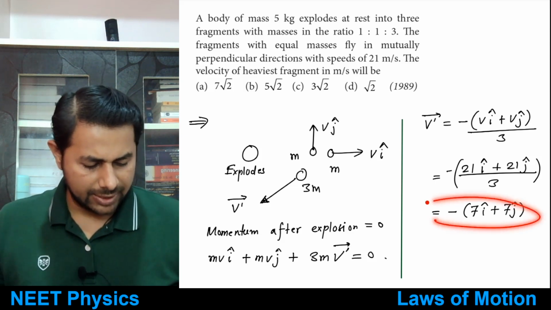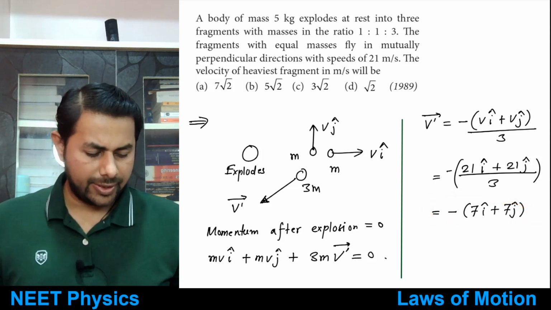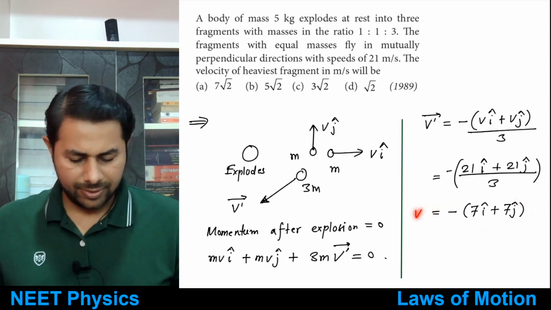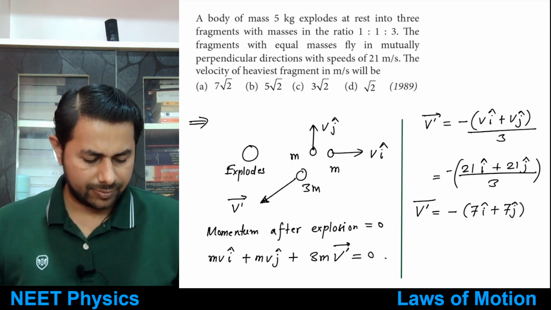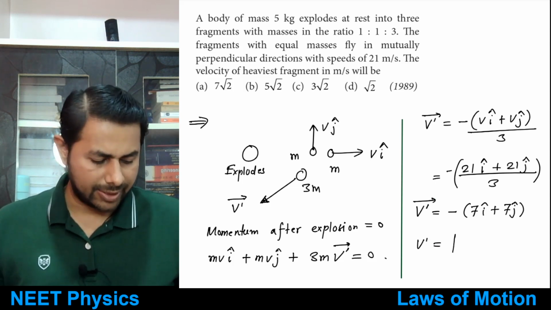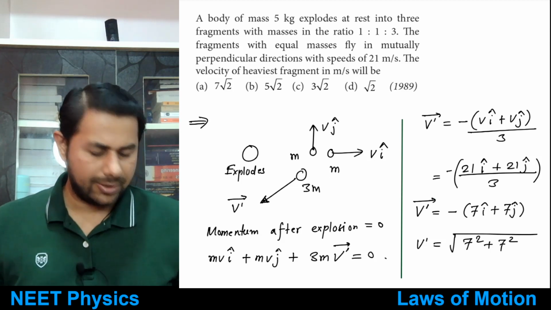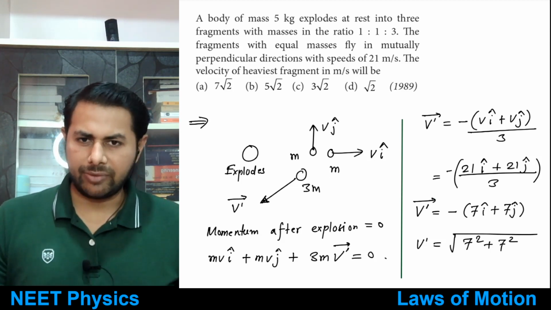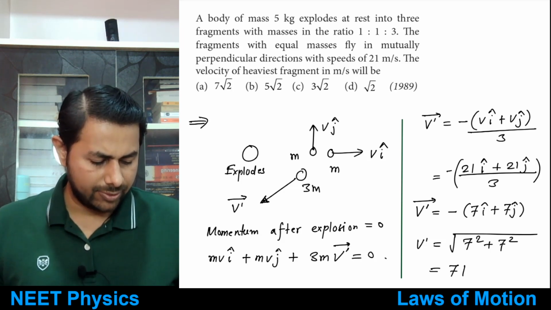But they are not asking about the velocity, they are asking about the speed. Speed will be just the magnitude of this. Therefore v dash is equal to the square root of vx square plus vy square, 7 square plus 7 square. That is 2 times 7 square, and if you take the root of that, it will be 7 root 2.